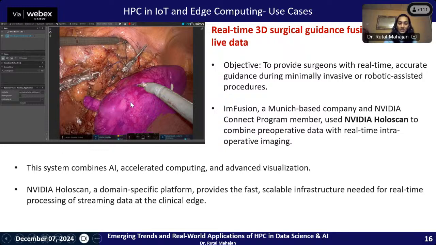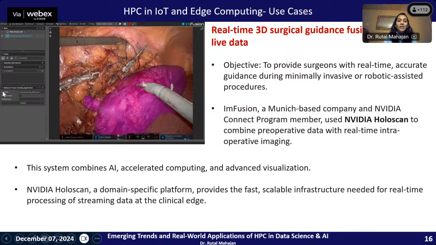The system combines AI, accelerated computing, and advanced visualization. For this real-time 3D guidance, they need to fuse the pre-operative imaging and the live data in the real situation, so it requires accelerated computing and advanced visualization.